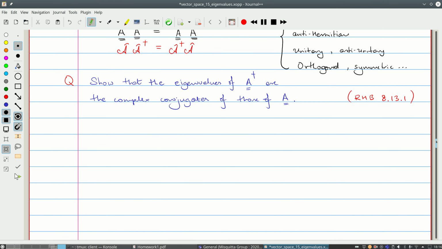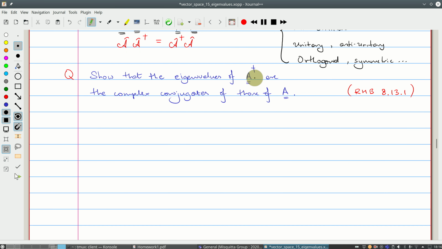What I'd like to show is that the eigenvalues of the adjoint of a normal matrix are complex conjugates of those of the matrix A. Or in operator form, let's write this down: if we've got an operator A with eigenvector x, and A operating on x is equal to lambda x, then A dagger operating on x is equal to lambda star x.